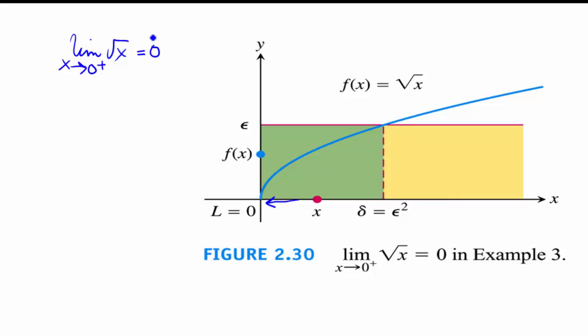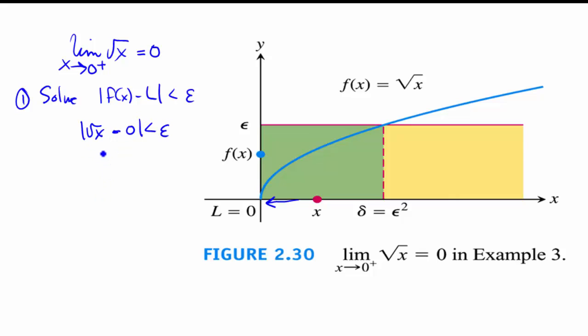And again, if we want to solve the epsilon inequality, we'll have the square root of x minus 0, our L, is less than epsilon.